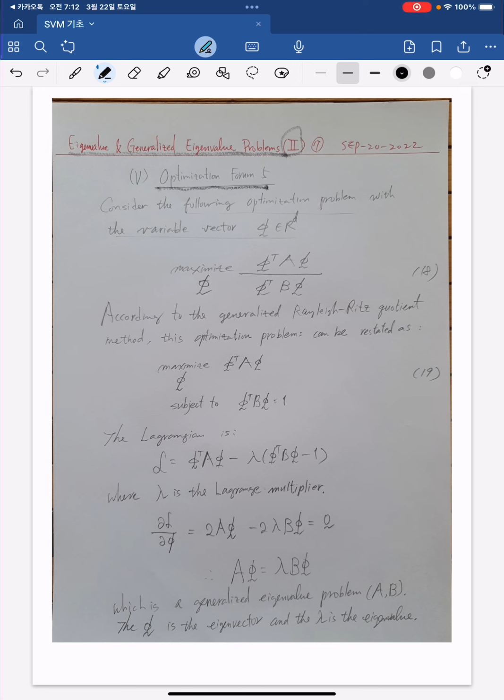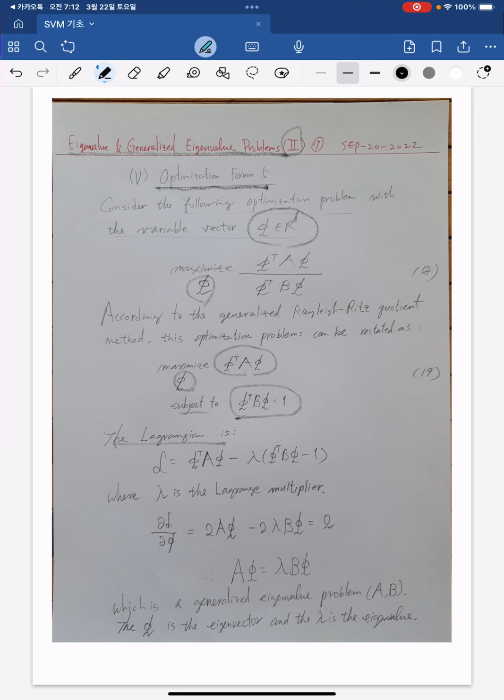Consider the following optimization problem with the variable vector phi in D dimensions. Maximize phi transpose A phi divided by phi transpose B phi. According to the generalized Rayleigh-Ritz quotient method, this optimization problem can be restated as maximize phi transpose A phi subject to phi transpose B phi equal 1.